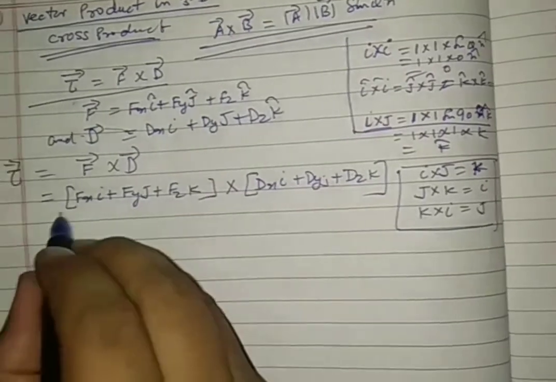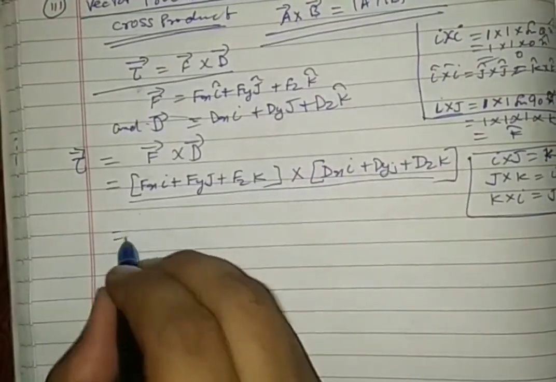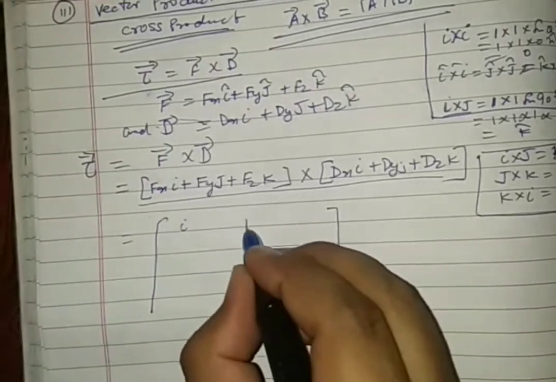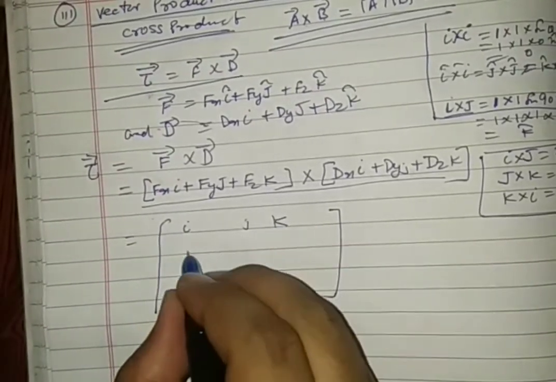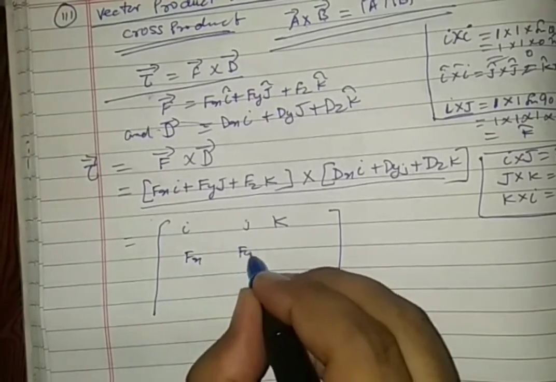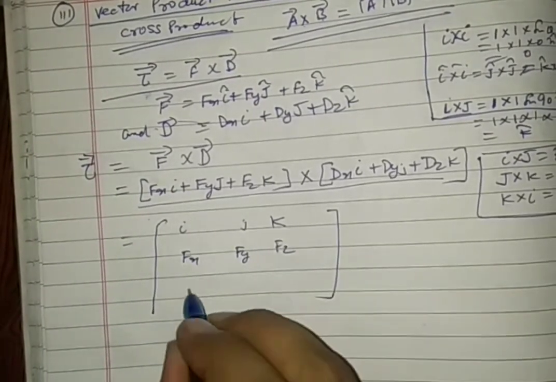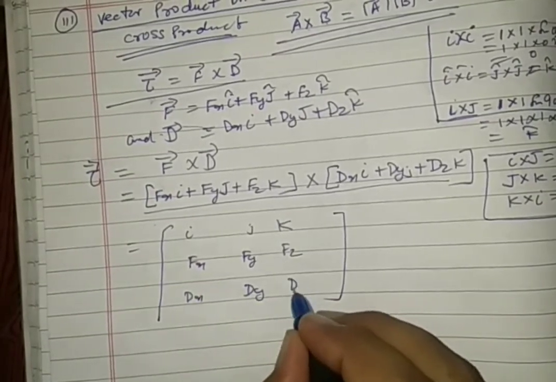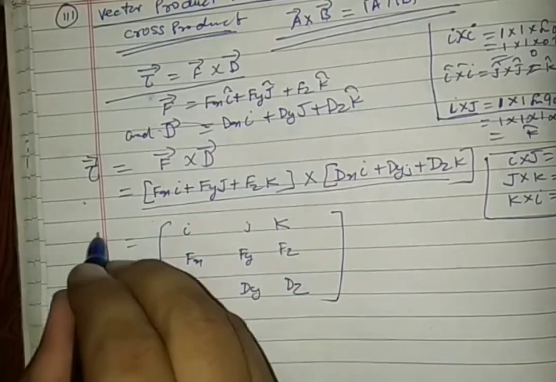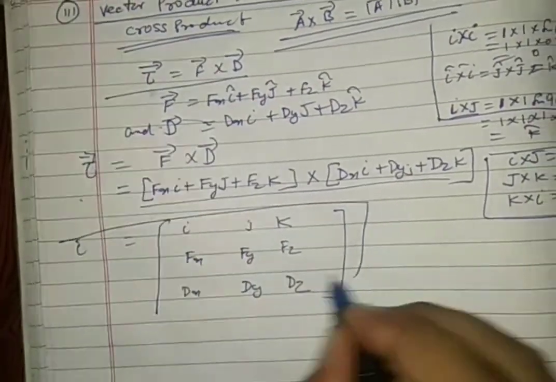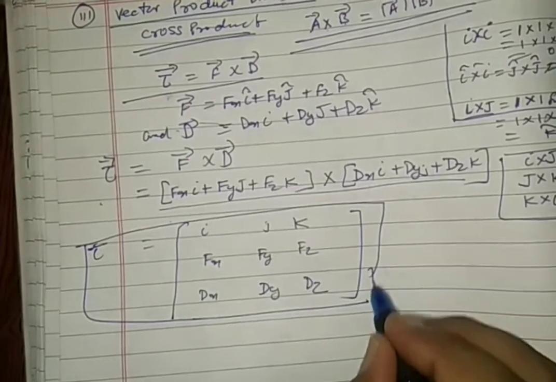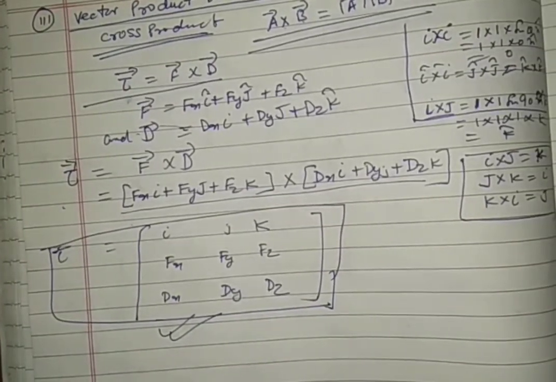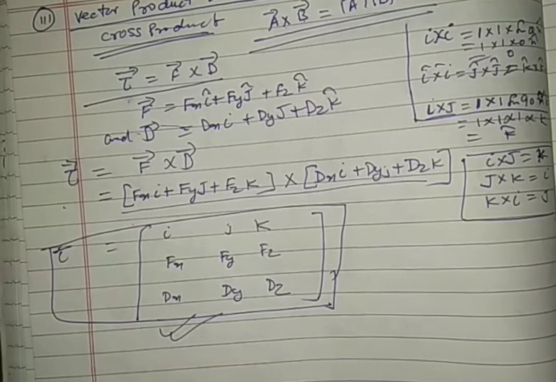So if it is obtained this way, remember this matrix: i, j, k, fx, fy, fz, dx, dy, dz, and it can be solved by the method of matrices. Okay, be careful. Thank you and have a nice day.